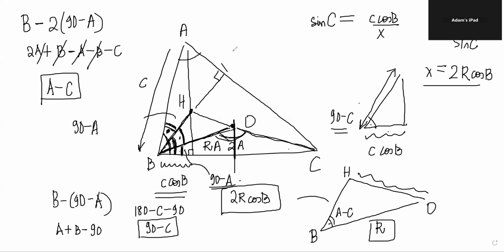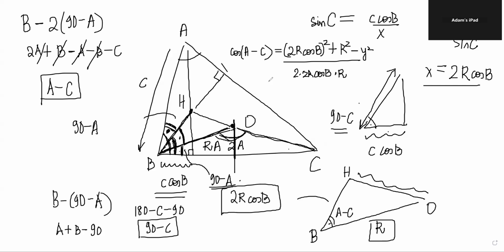You can say cos of (A minus C) is equal to ((2R cos B) whole square plus R square minus Y square) by (2 into 2R cos B into R), right? And you can solve for Y here, correct?